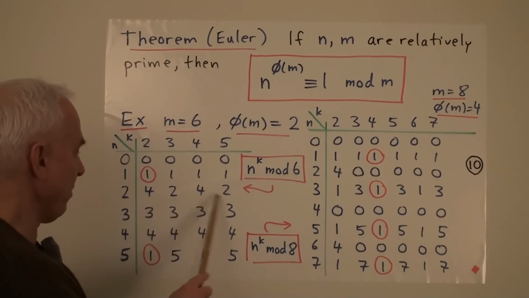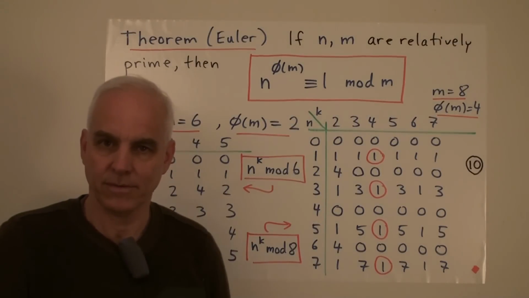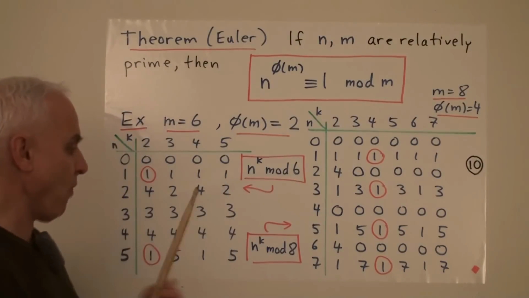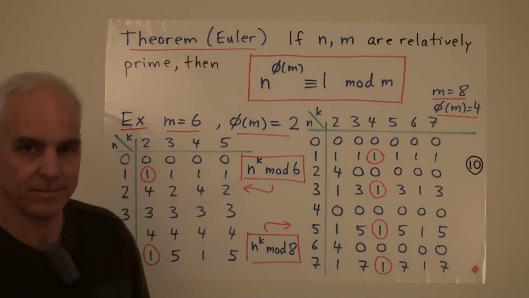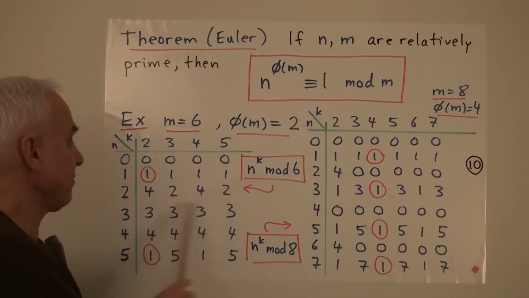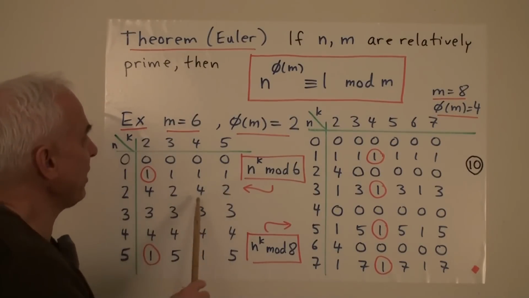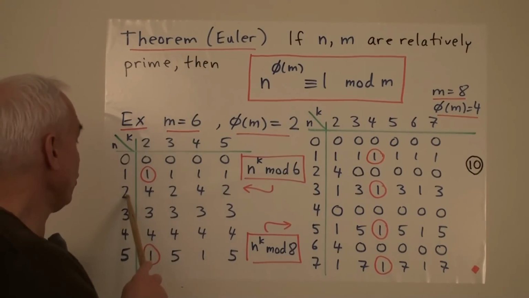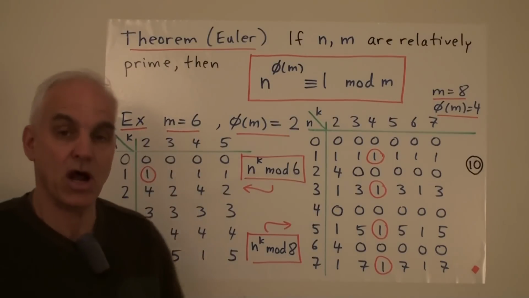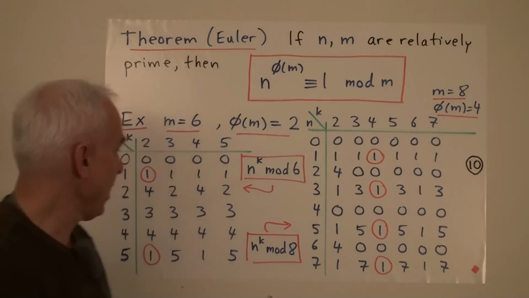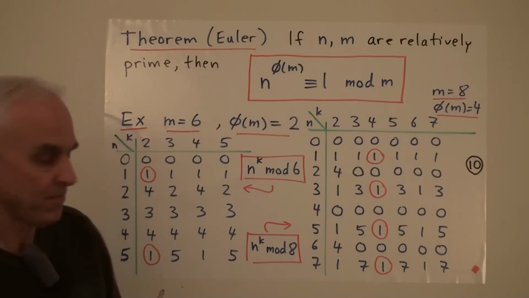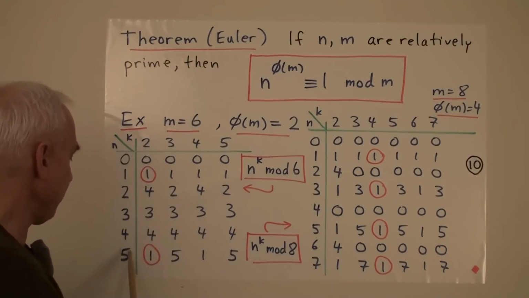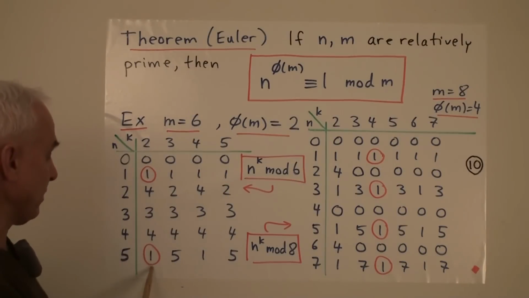Notice that there's no 1 appearing here. There's no way of getting a remainder of 1 when you take powers of 2 mod 6. In fact, Fermat's theorem doesn't apply, Euler's theorem doesn't apply to this because 2 and 6 are not relatively prime. But 5 and 6 are relatively prime, and if we look at powers of 5, well, it's not too hard. 5 squared is 25, which is the same as 1.